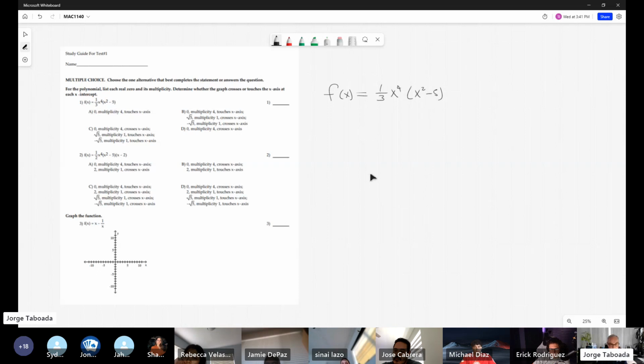Yes. Okay, cool. Now remember, to find the x-intercept you set the function equal to 0. 1/3, I don't care, x to the 4th power equals 0. You take each factor one by one, and the other is x squared minus 5 equals 0. Okay, this is an equation of the 4th degree.